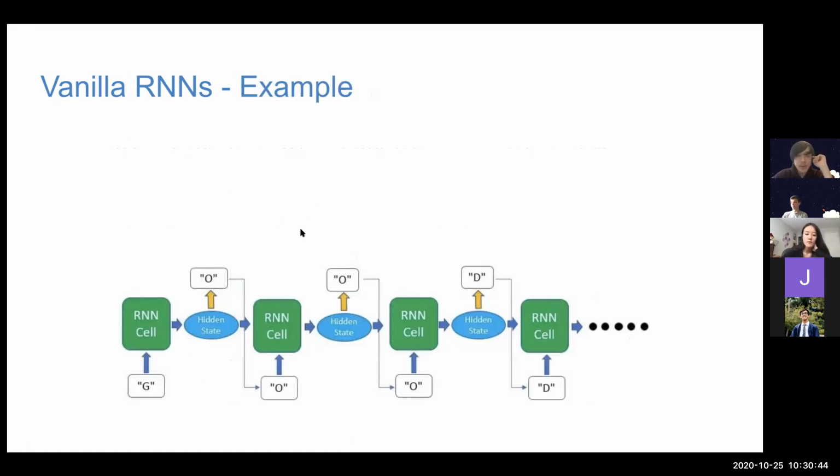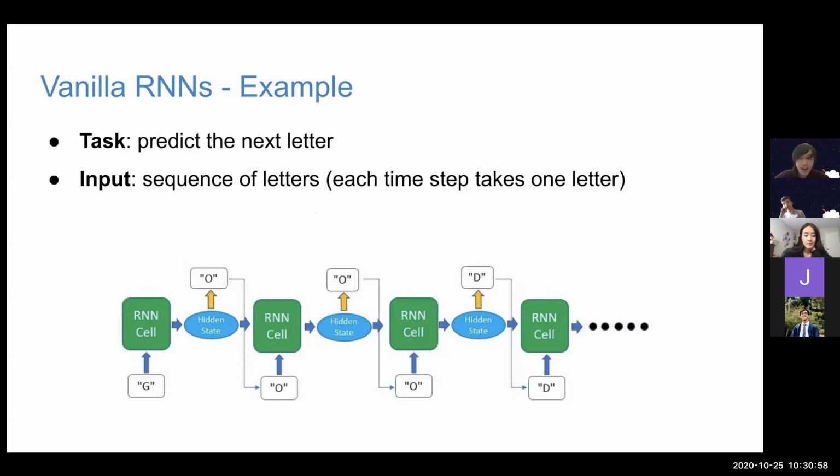So here we have an example of how vanilla RNNs process data. Assume that our task right now is to predict the next letter that we want to type. So our input would be a sequence of letters, and each time step would consist of one letter. So you can imagine that this is probably a many-to-many type 1.